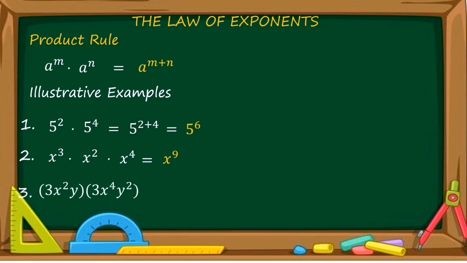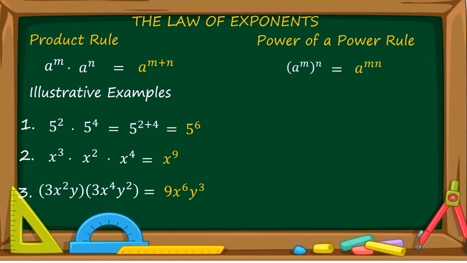Next, number 3. The quantity 3x squared y times the quantity 3x raised to 4 y raised to 2 is equal to 9 x raised to 6 y raised to 3. Next, power of a power rule. A raised to m, raised to n, is equal to a raised to m times n. Illustrative examples.